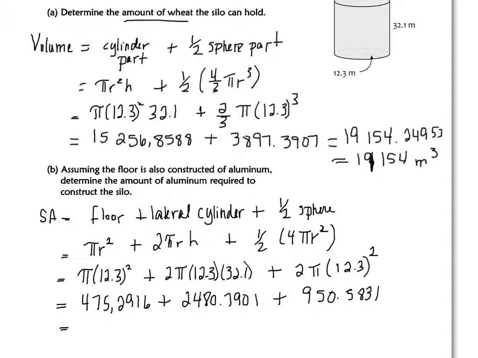If we add all those together, 475.2916 plus 2,480.7901 plus 950.5831, we get a total of 3,906.6648. Rounded off to the nearest square meter, we get 3907 meters squared.